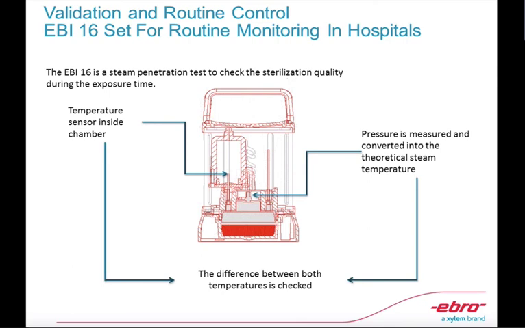The Bowie and Dick test logger, the EBI16, is simulating not only the towel pack test in the autoclaves, but also the heat penetration test and the temperature measurement inside the chamber, and also the pressure measurements as converted into theoretical steam temperatures. So it's like a 3-in-1 or 4-in-1 data logger.